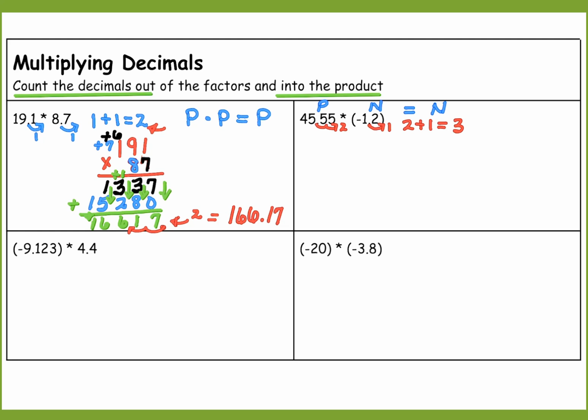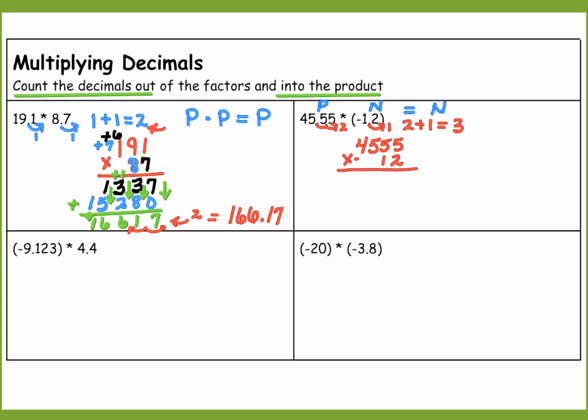We moved out a total of 3 spaces. We're going to have to move back in a total of 3 spaces. This problem is 4,555 now times a negative 12 because we moved that decimal out.